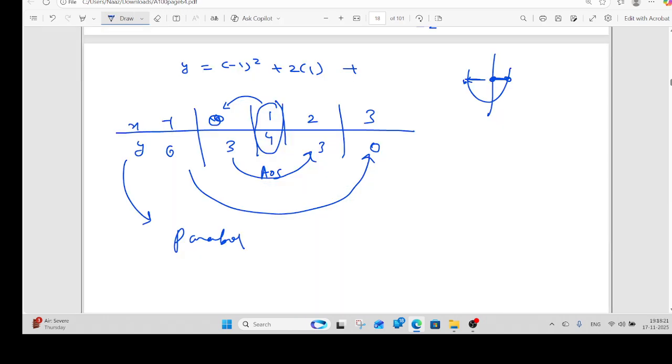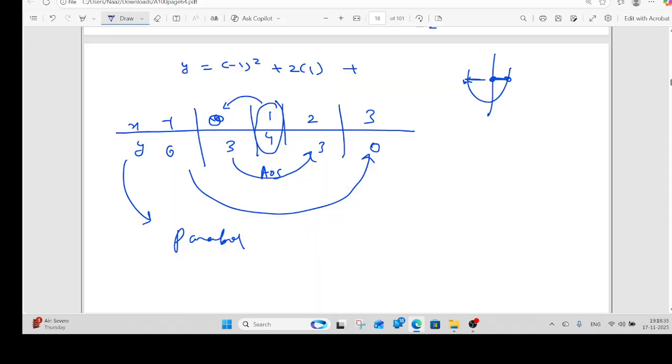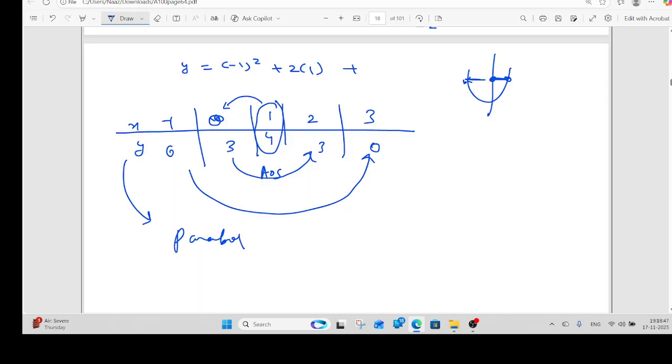Then other points are -1, 6, x is -1 and y is 6. Let me check these values.